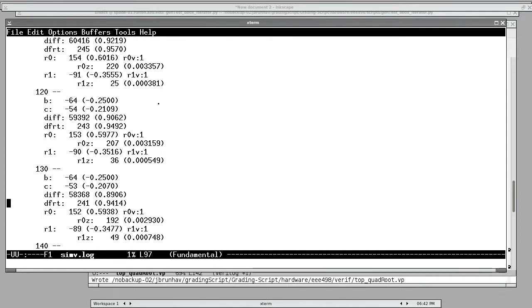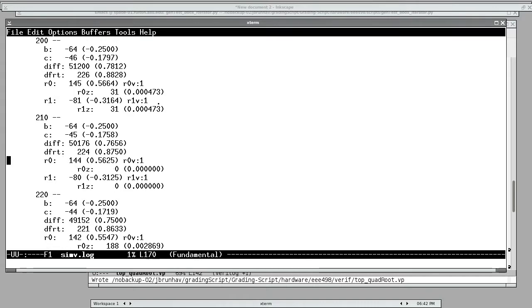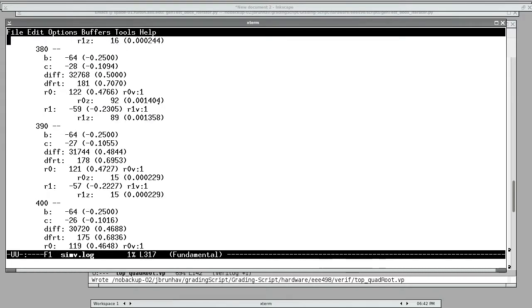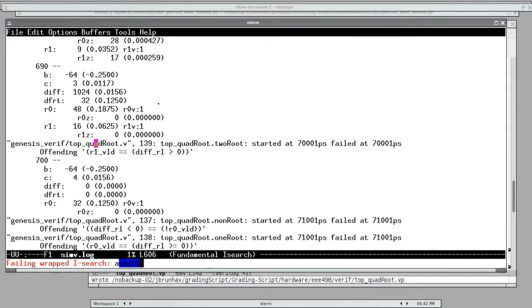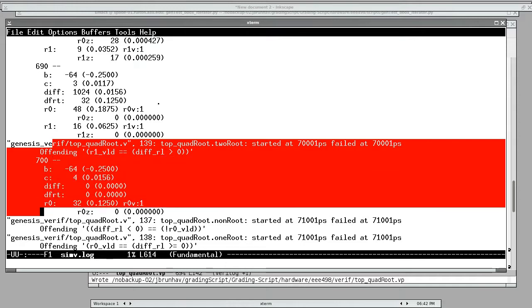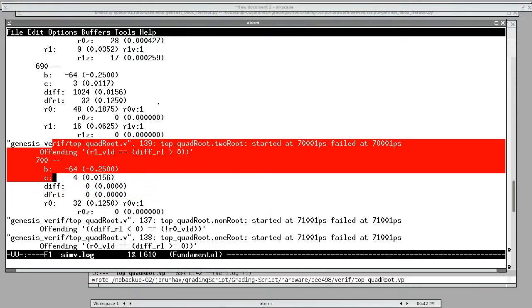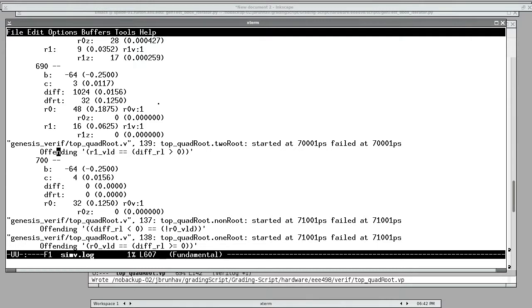Let's see. So we're looking for those asserts. Should know that it's offending. I've written those scripts many times. All right. So this is saying, oh, interesting.